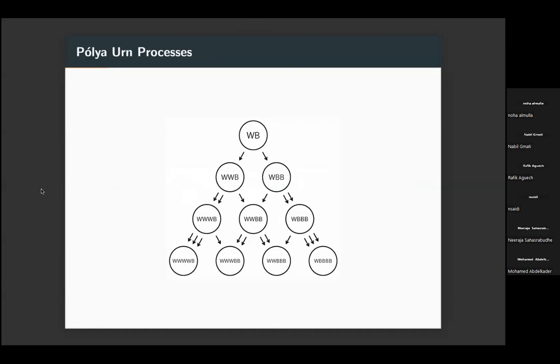If you started with 1 white, 1 black, the possibilities are that if you draw white in the first step, with probability half, in the next step you will be at WWB, or if you draw black, then you will be at WBB, and so on. So there can be these many different paths if you keep doing this.